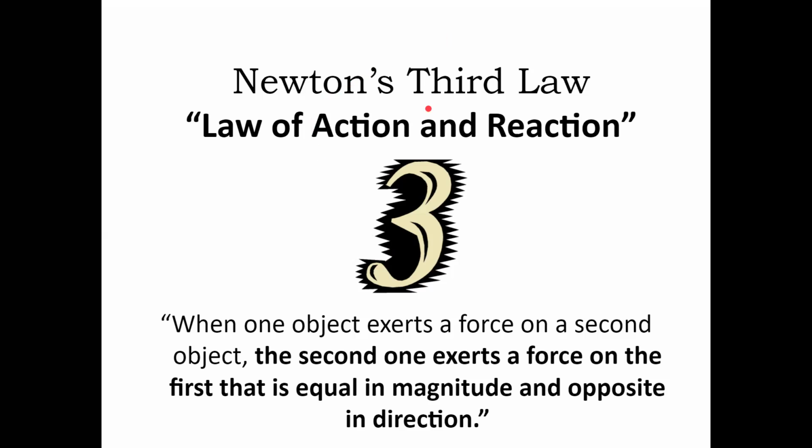That's how we can create things like rockets or birds taking off into the air, people swimming through the water, or being able to push yourself around on a skateboard. It's all due to these equal and opposite actions and reactions.